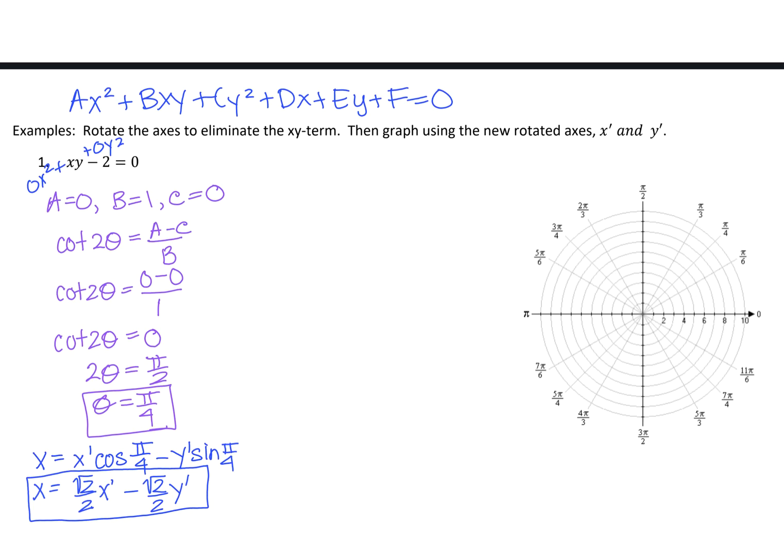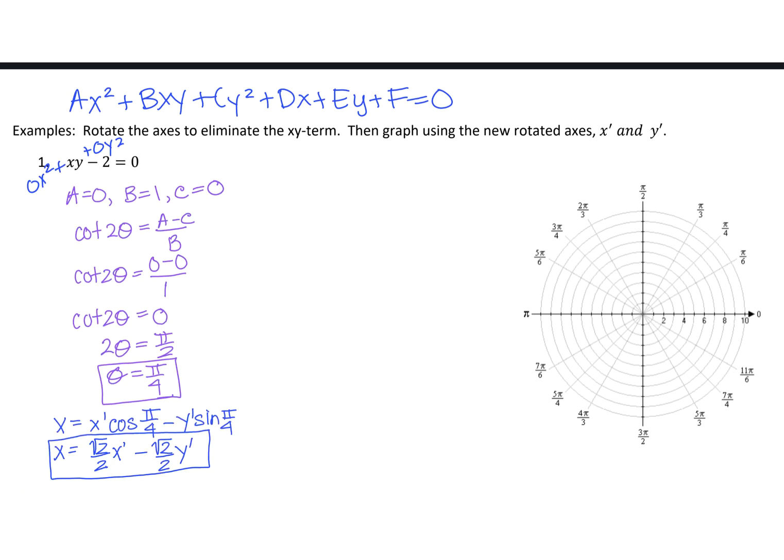And now I need to find the y value to go with my equation. So using the y formula, I have y is equal to x prime sine of pi over 4 plus y prime cosine of pi over 4.